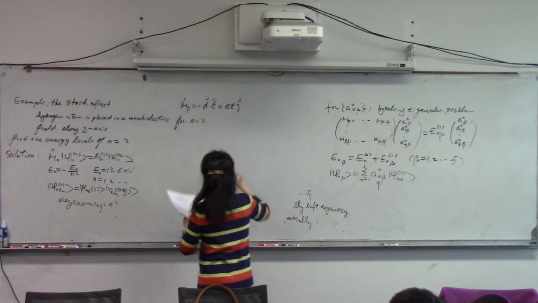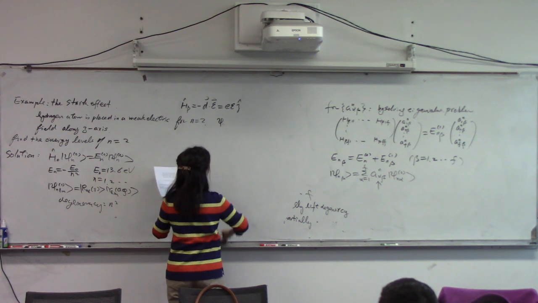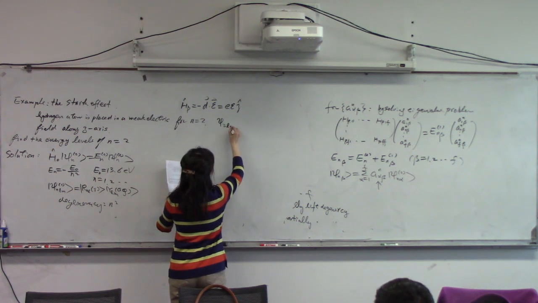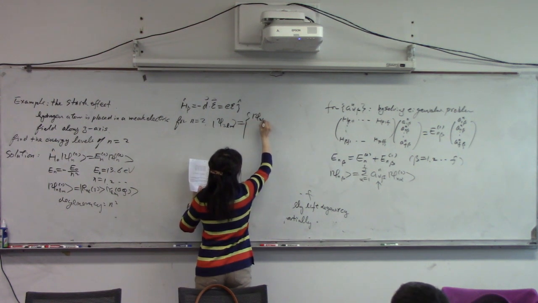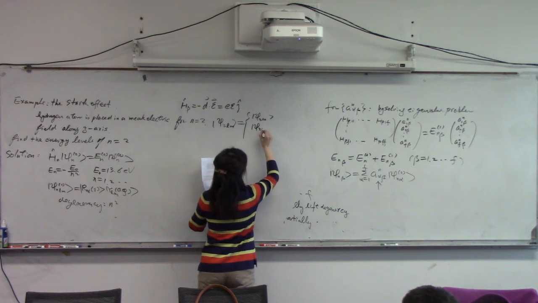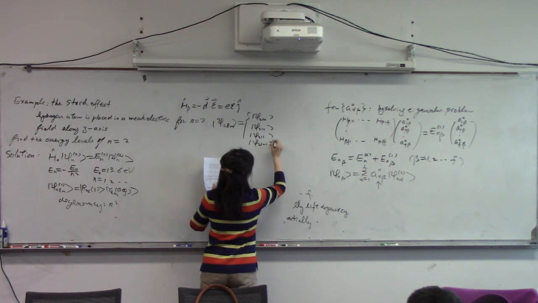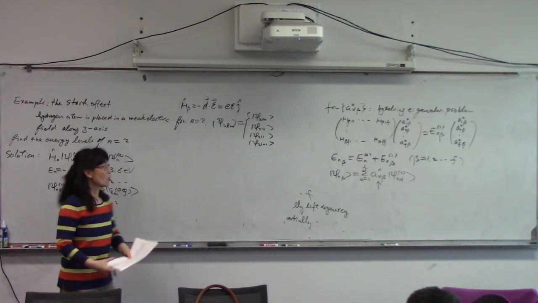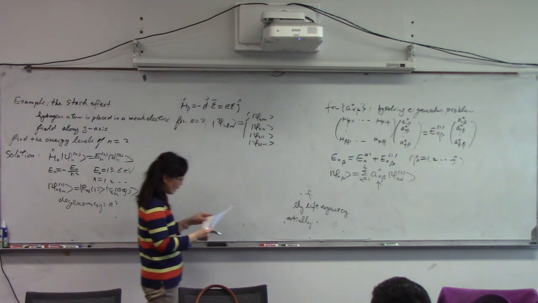How many states? We have 2 l m: 2, 0, 0, with l equal to 0, and 2, 1, 0, 2, 1, 1, and 2, 1, minus 1. That is 4 states. Here also, 2 squared is 4, right? So that has a 4-fold degeneracy.